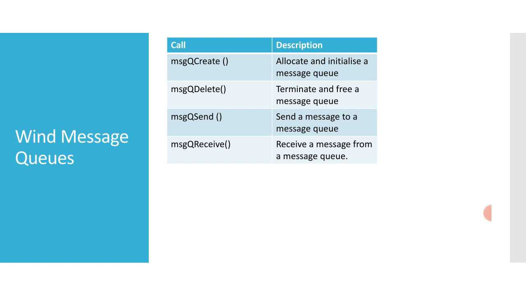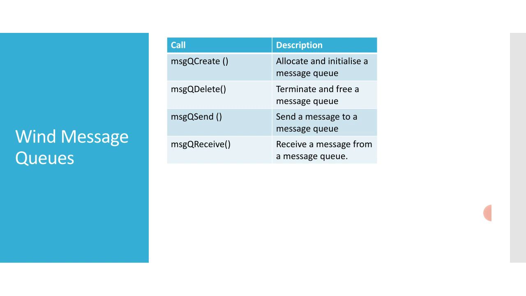If messages are already available in the message queue's buffer, the first message is immediately dequeued and returned to the caller. If no messages are available, then the calling task blocks and is added to a queue of tasks waiting for messages. This queue of waiting tasks can be ordered either by task priority or FIFO, that is first in first out, as specified in an option parameter when the queue is created.